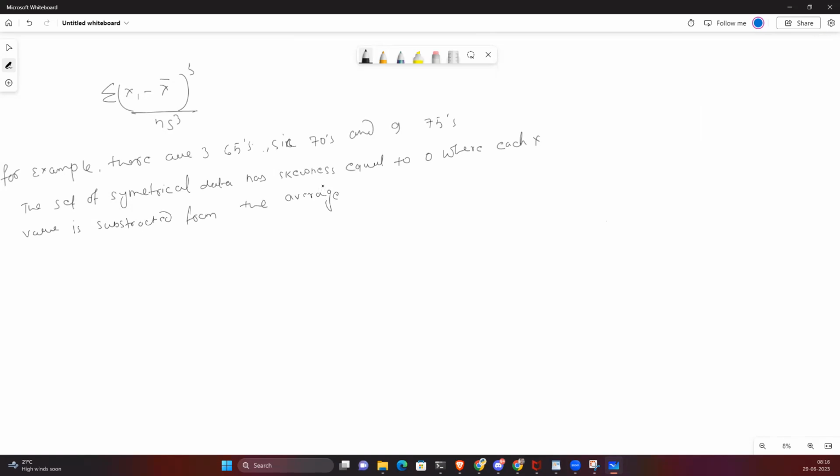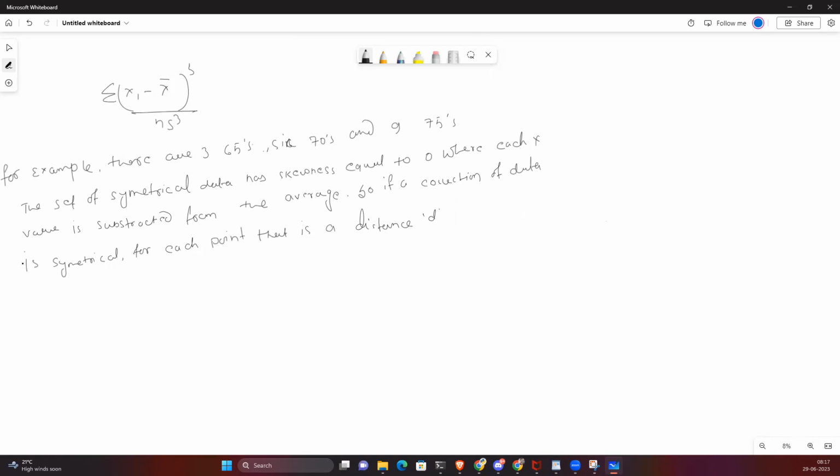So if a collection of data is symmetrical, for each point, that distance is the same. Let me write this down, then I will explain.